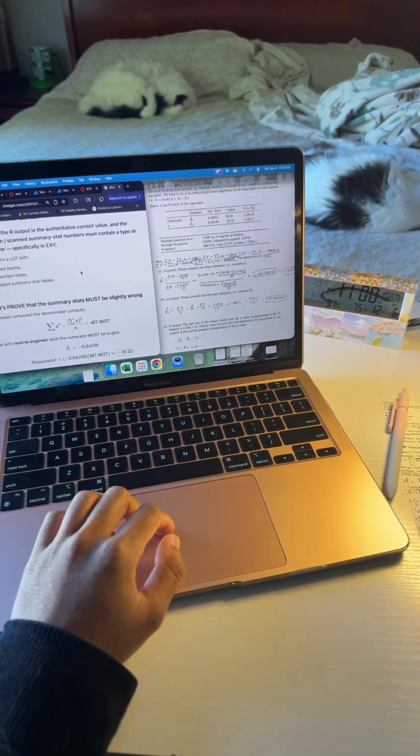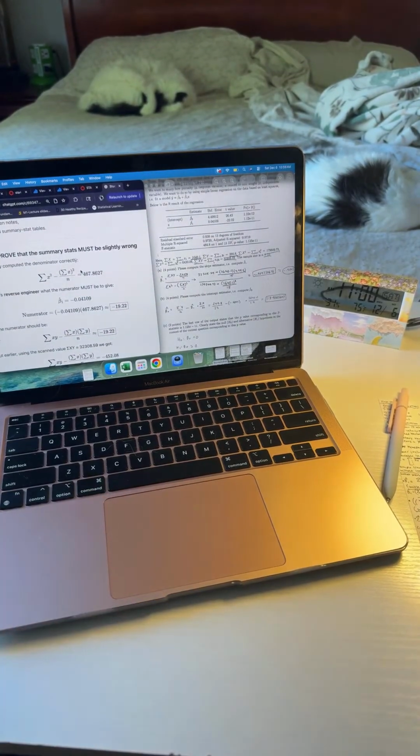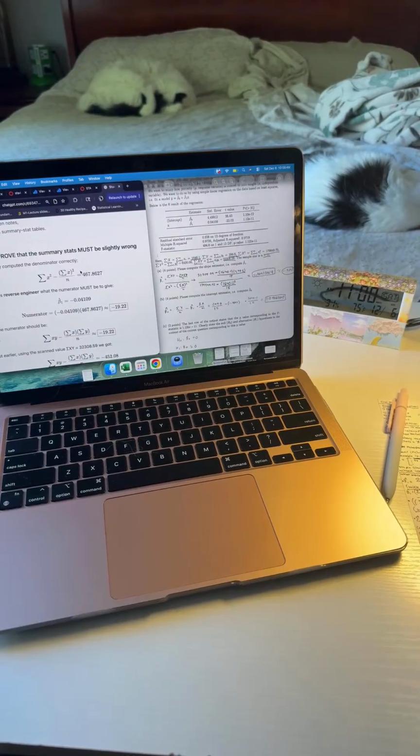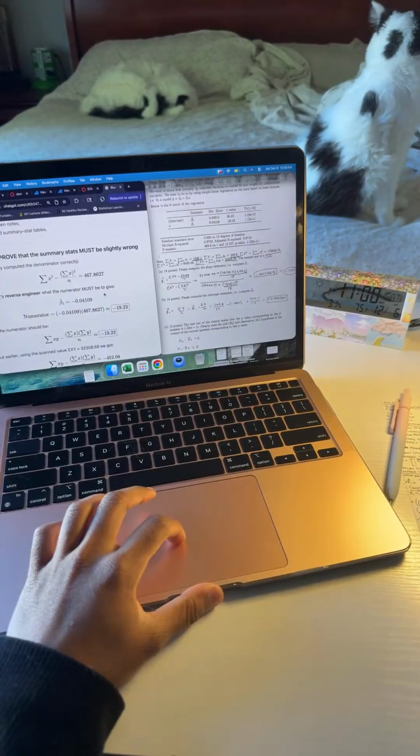This happens a lot in scanned exams, handwritten notes, or copied summary stats tables. Let's prove the summary stats must be slightly wrong. To reverse engineer, the numerator must be this to give this.